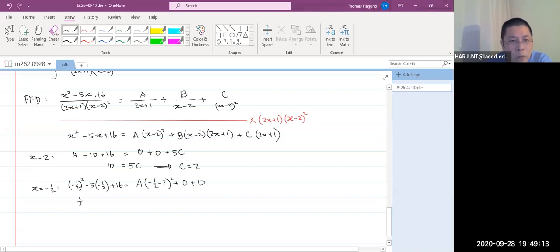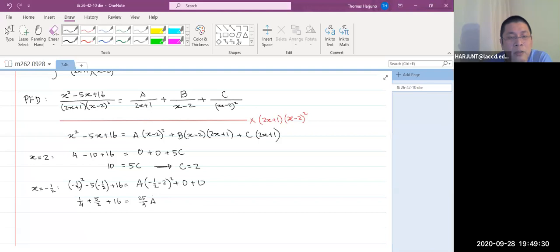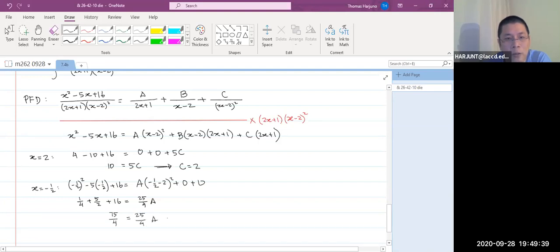This is 1/4 plus 5/2 plus 16 equals 25 over 4 a. 64 plus 10, 74, 75. So that's 75 over 4 equals 25 over 4 a. From there we get a equals 3.